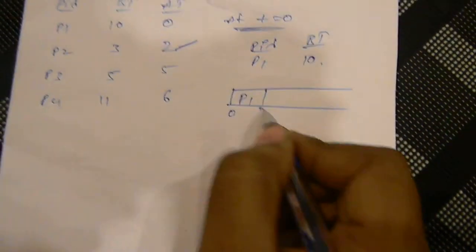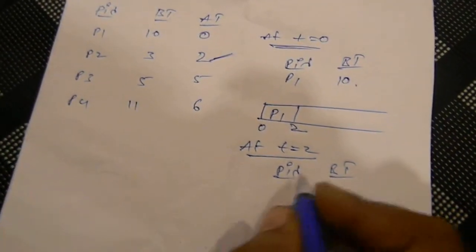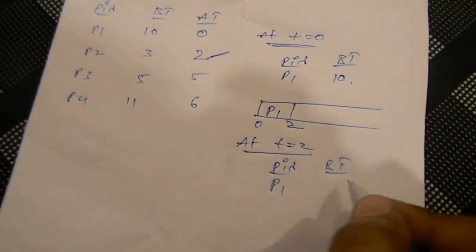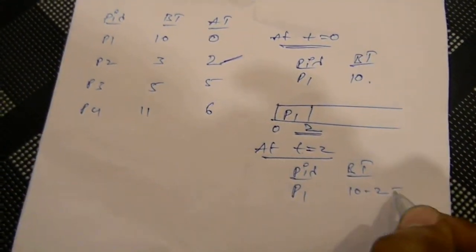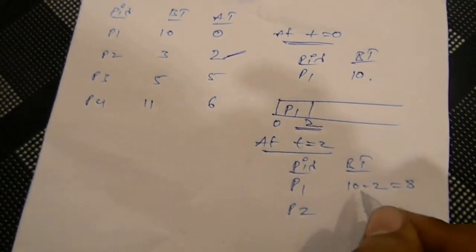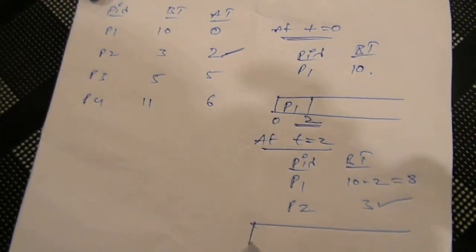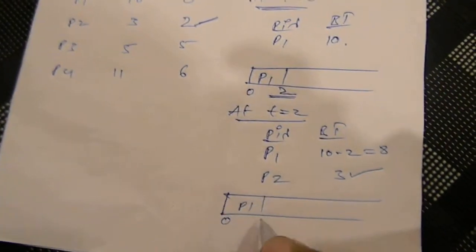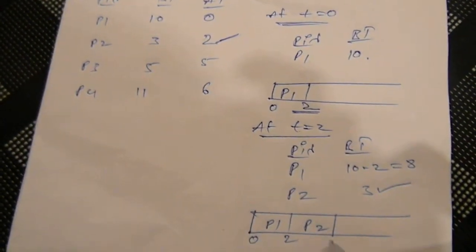At t equals 2 milliseconds, the processes in the ready queue are P1, whose burst time is 10 minus 2, equals 8 milliseconds, and P2 with 3 milliseconds. The shortest job among these two is P2. Then P2 enters the CPU and starts its execution. It executes up to 5 milliseconds.